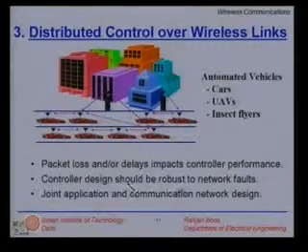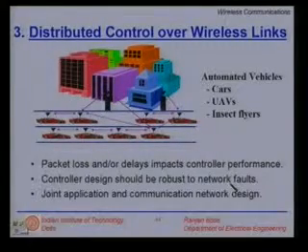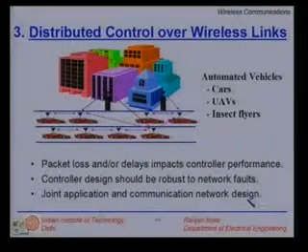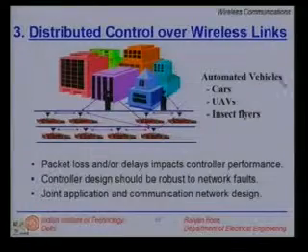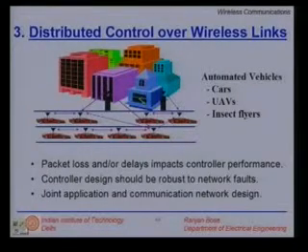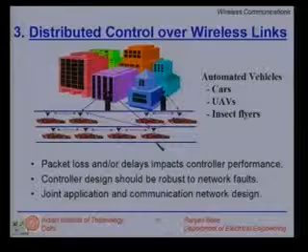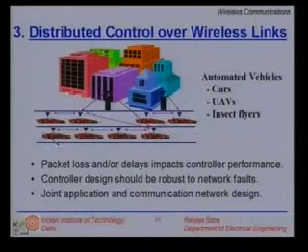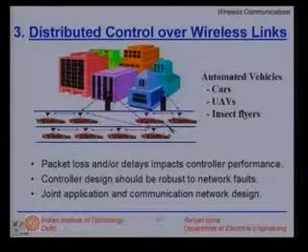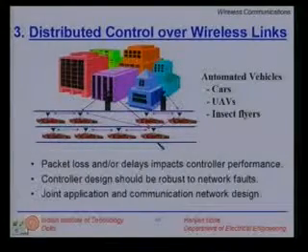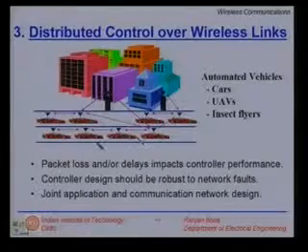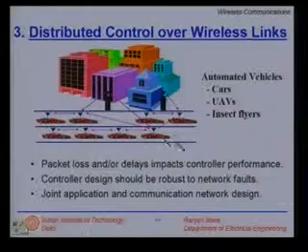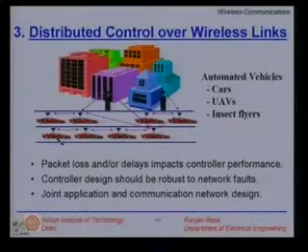Controller design should be robust to network faults, and joint application and communication network design. You can have automated vehicles which form a part of this distributed control over wireless links. So I can easily manage traffic and figure out through these different nodes in the networks how to best route my next set of cars.